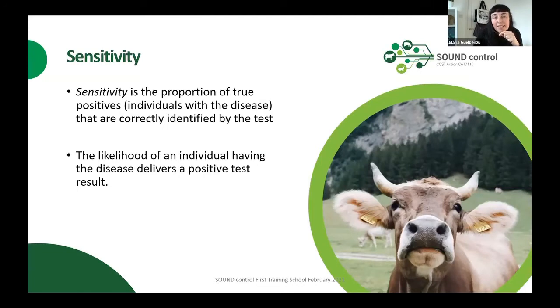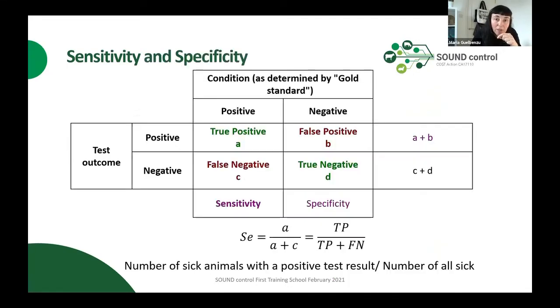So sensitivity is the proportion of those animals with the disease that are correctly identified by the test. So it's the likelihood of an individual having the disease delivering a positive test result. And we can calculate this with the following formula.